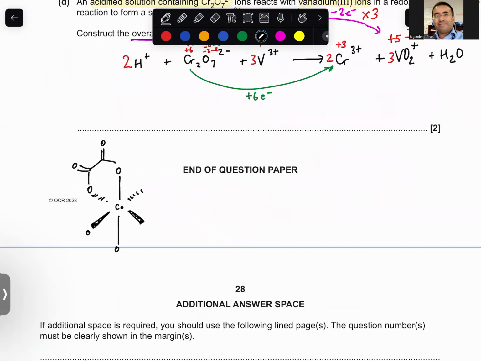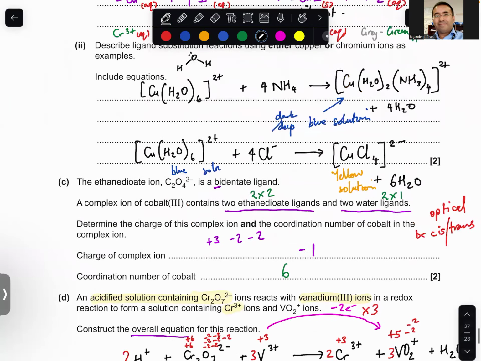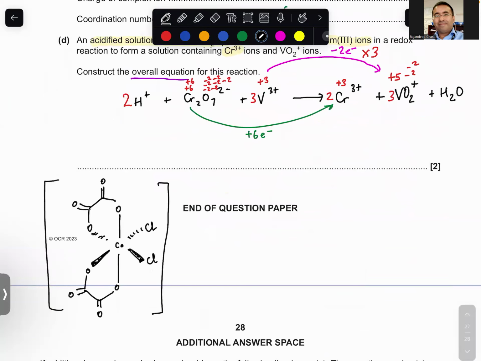Oxygens here. And you've got your chloride ions. And the charge of this complex would be, cobalt is 3+. Actually we answered this question. The charge of the complex +3.